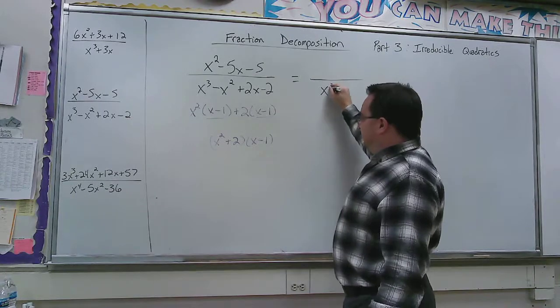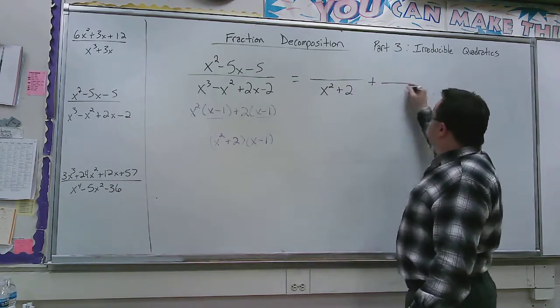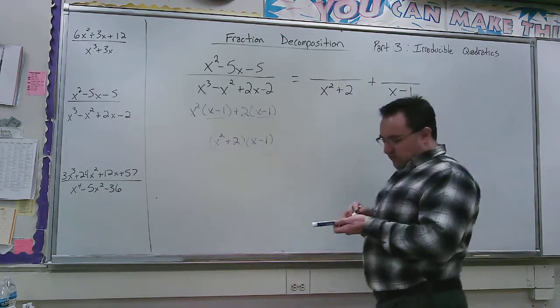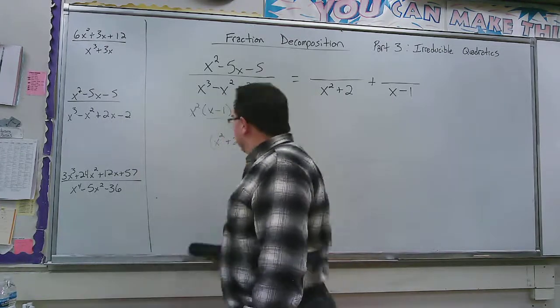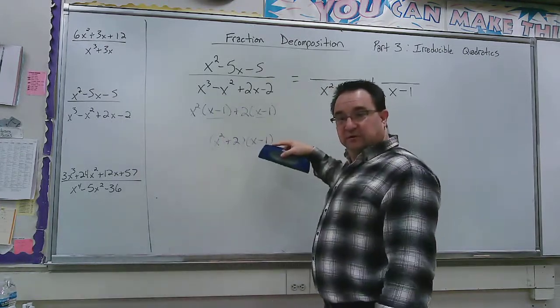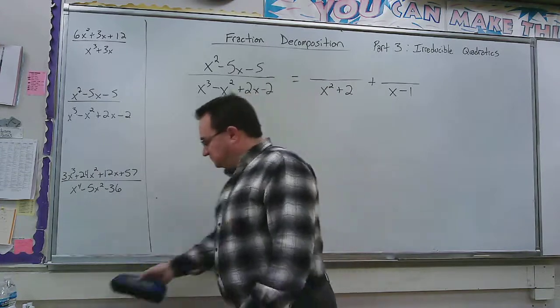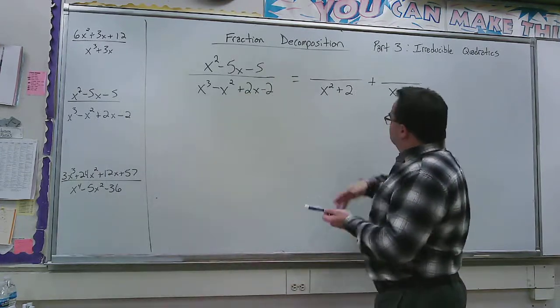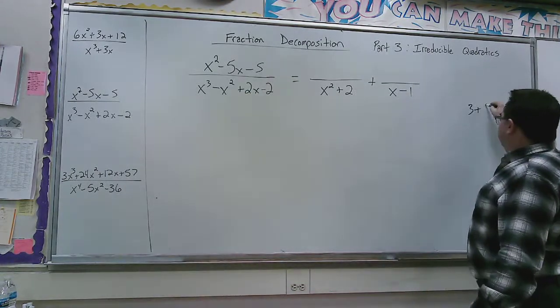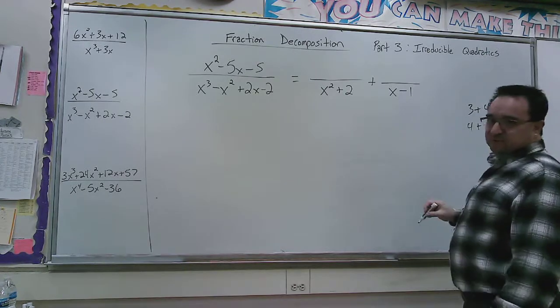So one of my fractions has to have this, and one has to have this. Now that I think about this, I don't think I mentioned, I'm going to erase this work here. It doesn't matter which, right? 3 plus 4 is the same as 4 plus 3.